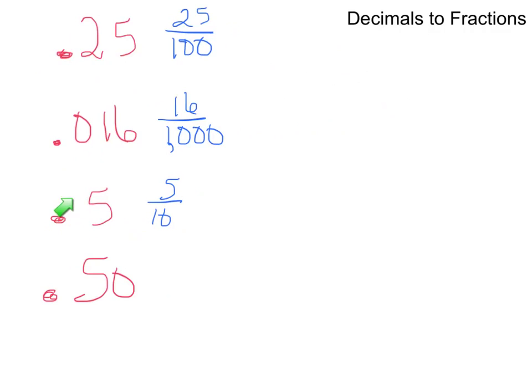This is why we have to have a 0 if we need to have 5 hundredths. Now the next one would be 50 hundredths, 50 over 100. And I will tell you this, that 0.50 and 0.5 are the same value. 5/10 equals 50 hundredths. So we'll get into that in a little bit.